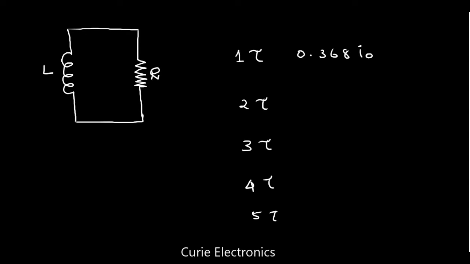With 2 tau, this reduces to 13.5% of the maximum current. At 3 time periods, it becomes 0.05 times I naught. With 4 time periods, it becomes 1.8%, that is 0.018 times I naught.